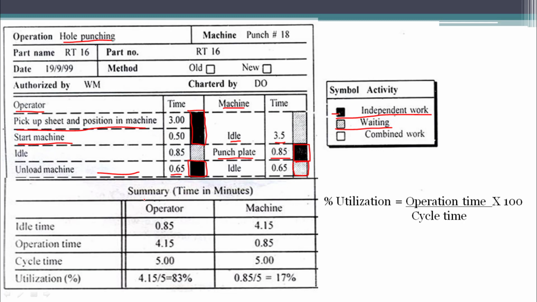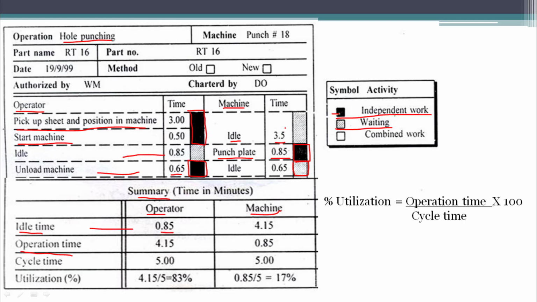Finally, we will prepare a summary table in which the idle time and operating time of operator and machine will be recorded. The idle time of the operator, we can find from this chart, is 0.85 minute.